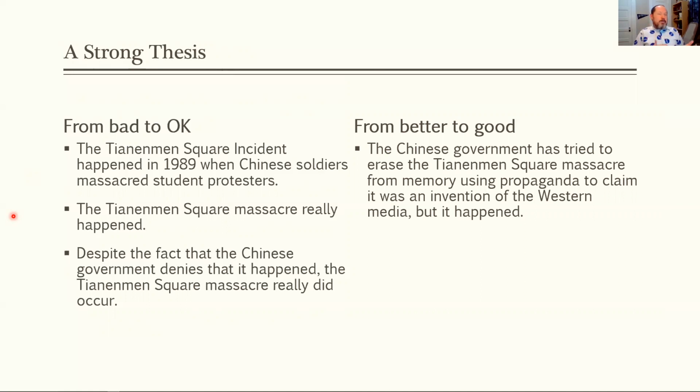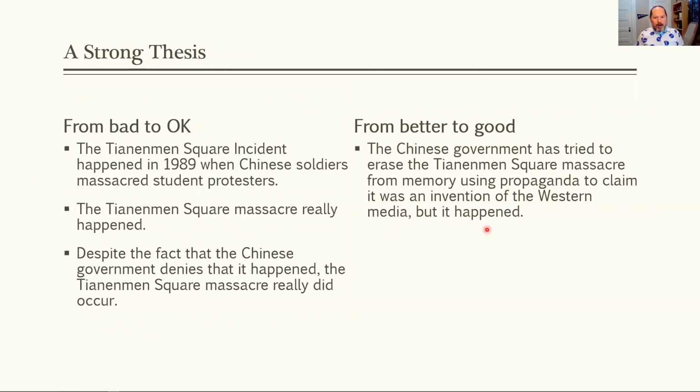Okay, so this is better because you're giving some background on what the denialist claim really is. They use propaganda and they say the Western media invented it to make them look like a bad regime or something like that. Still, it could be stronger.